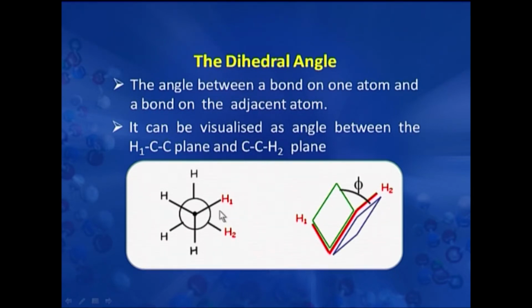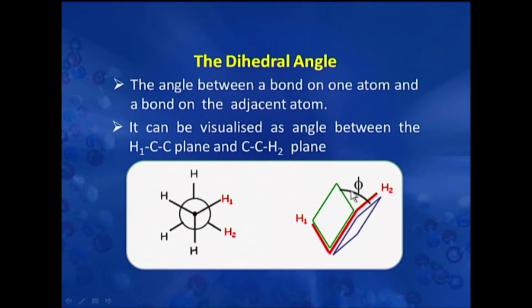As in this representation, this dihedral angle will come out to be 60 degrees. As we see here, this is one plane which is shown with the help of these green lines using the H1 atom and these two carbon atoms, and then this is the plane with H2 atom and these two carbon atoms.